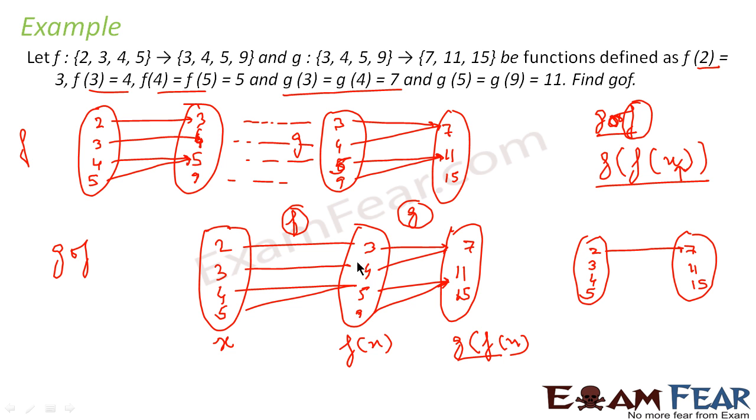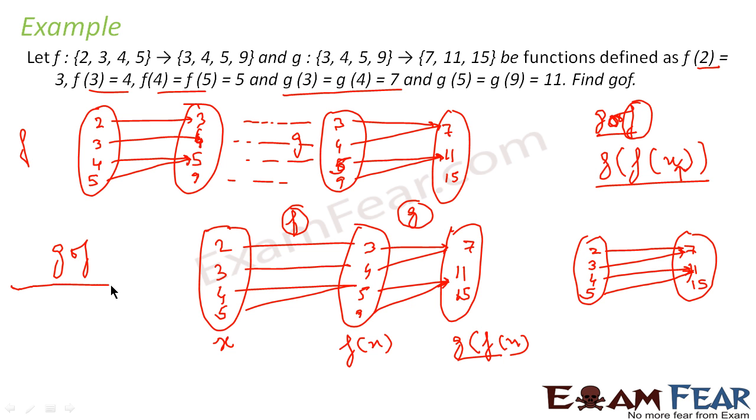You give 3 as the input, it becomes 4. Again you give 4 as the input to g function, it becomes 7. So 3 also becomes 7. Similarly, if you give 4 as input to function f, this becomes 5, and if you give 5 as input to function g, this becomes 11. So 4 becomes 11. Similarly, if you give 5 as input to function f, this becomes 5, and if you give 5 again as input, this becomes 11. So this is my g of f.